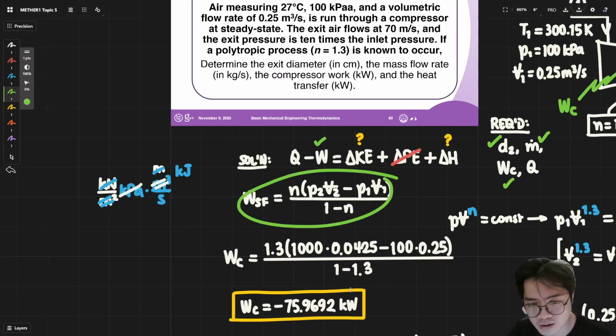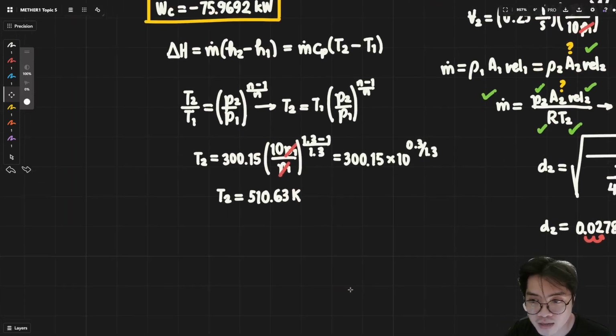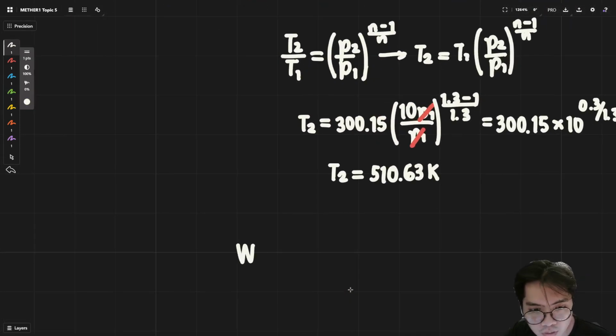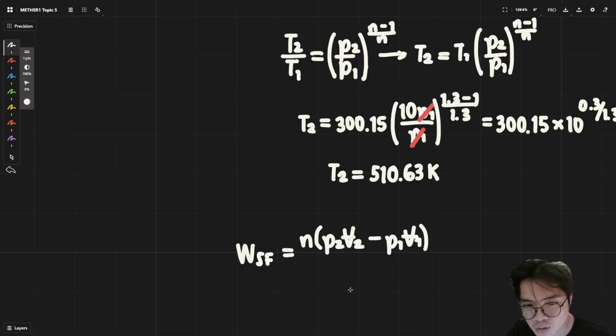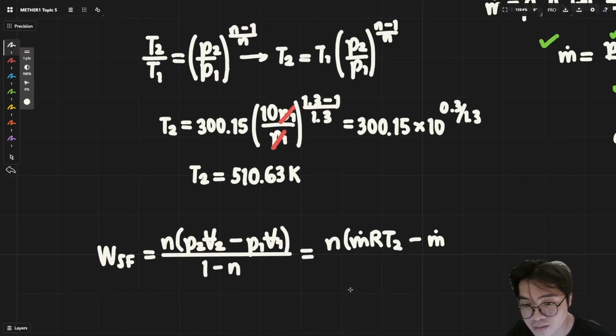Yes. Although it's still here, the thing now is that we are in the presence of an ideal gas. So all of your P2 V dot 2 or all of your PV dots become m dot RT. Right? So your work steady flow, n times (P2 V dot 2 minus P1 V dot 1) all over 1 minus n, is equal to just n times (m dot RT2 minus m dot RT1) over 1 minus n.